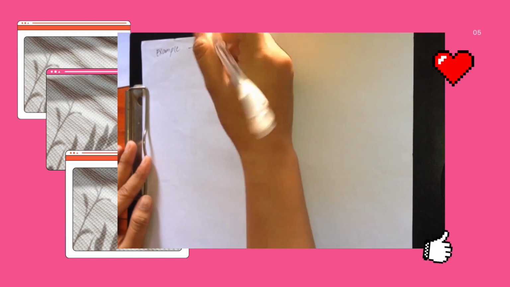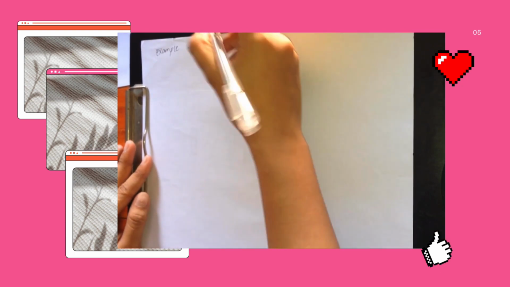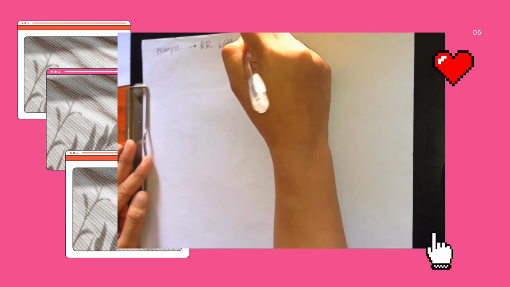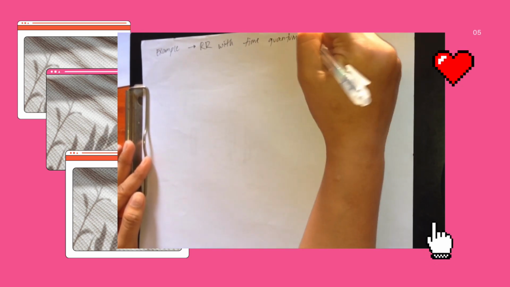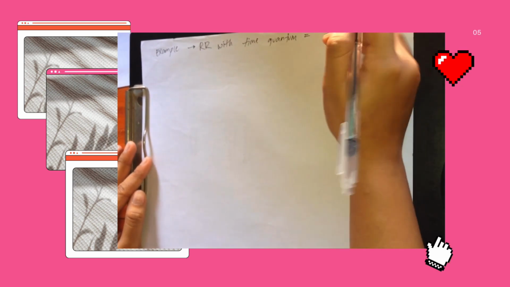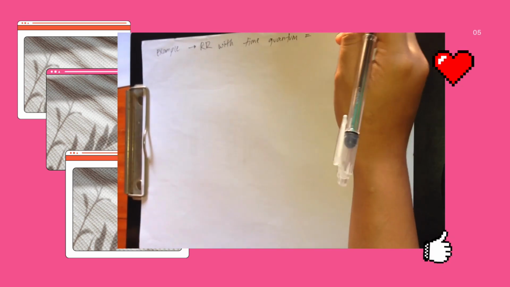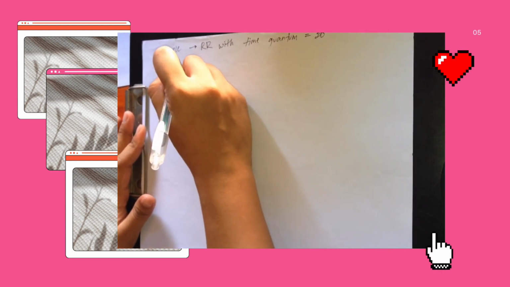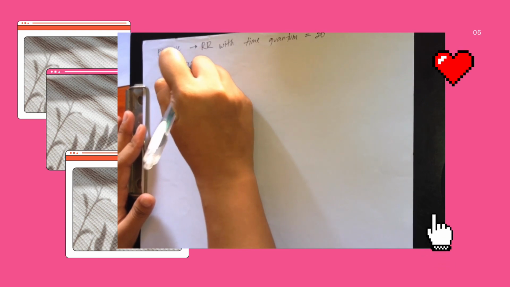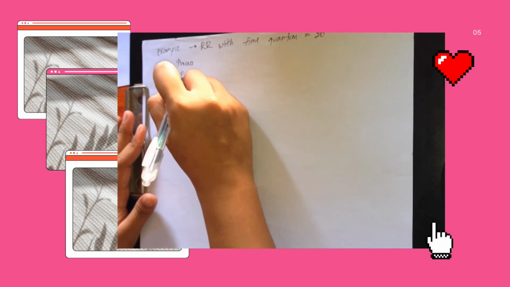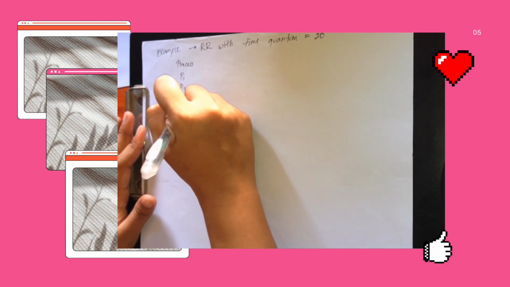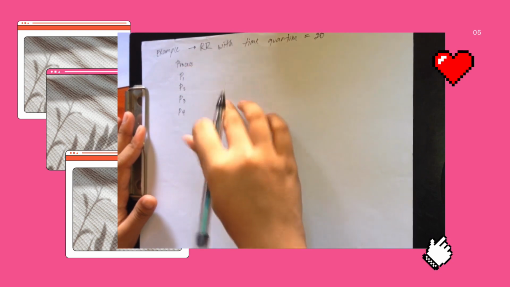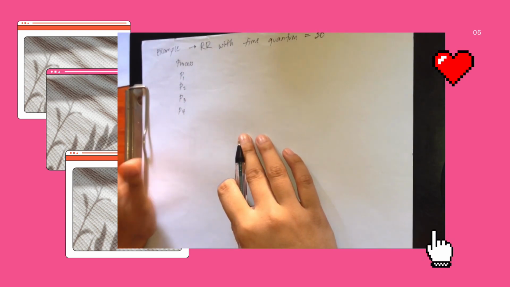First is an example of RR or round robin with a time quantum. We will have the value of 20. We need the processes, which are represented as P1, P2, P3, and P4 as process 1, 2, 3, and 4.